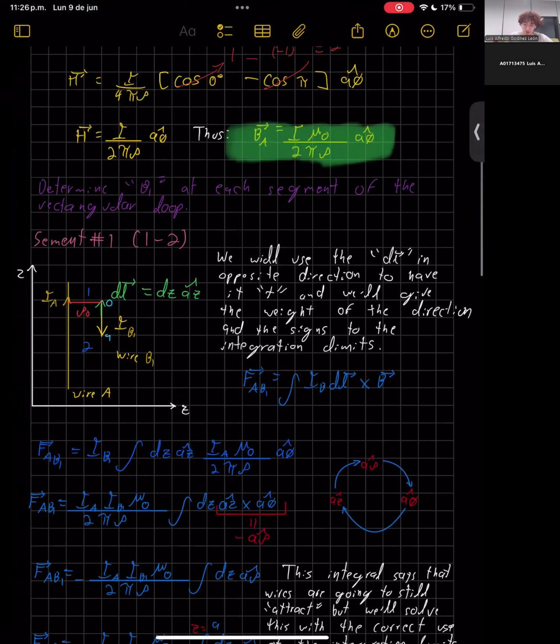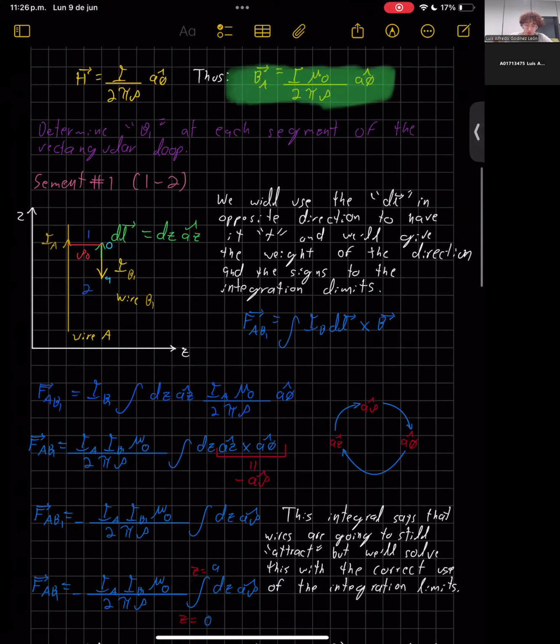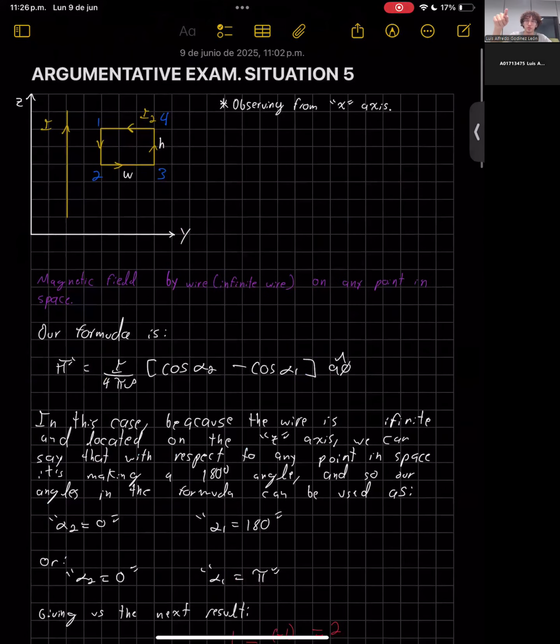There it says. So we are going to use the differential line in the opposite direction to have it positive. This is taking into account that the current of the infinite wire is going into positive z, and the current of the rectangular loop is going in the counterclockwise direction.